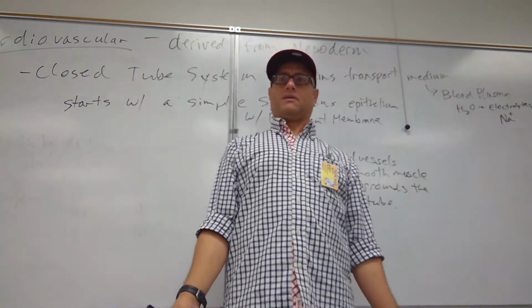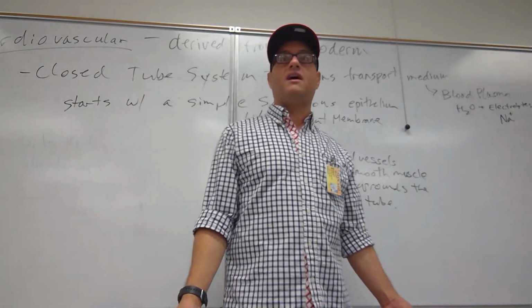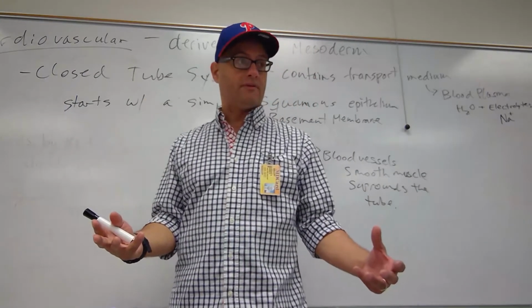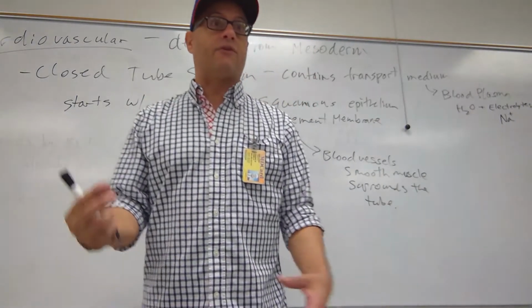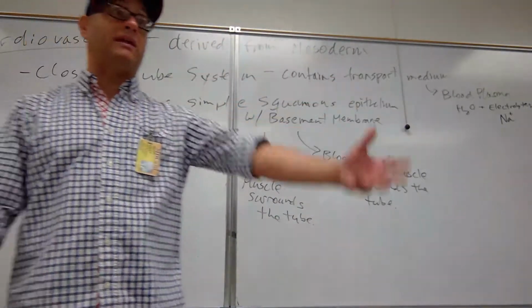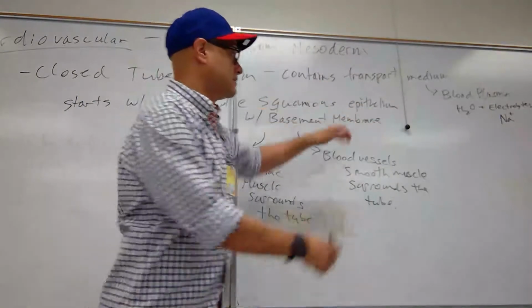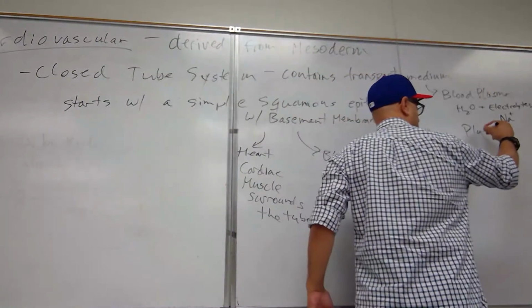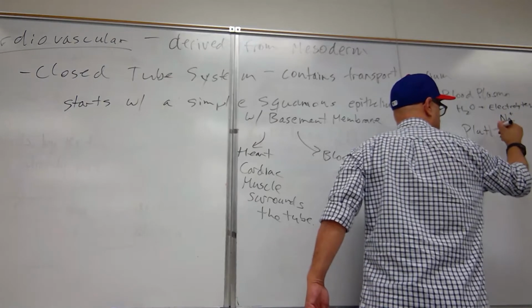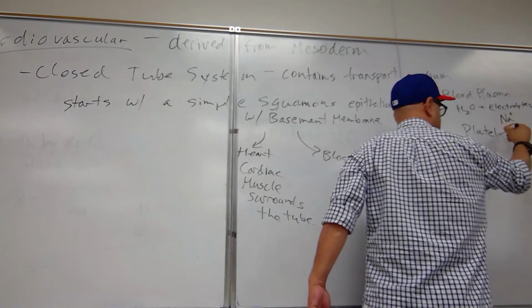Those of you who have me for 2085, remember that we said that the red blood cells, white blood cells, and megakaryocytes that give rise to platelets are also in blood plasma. Let's add that. Platelets.